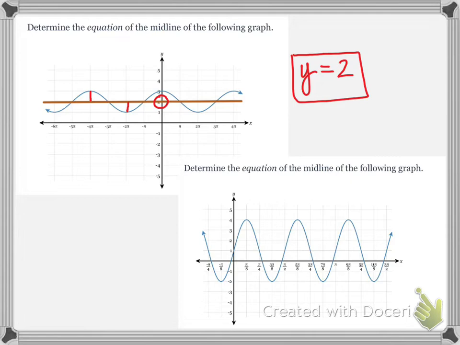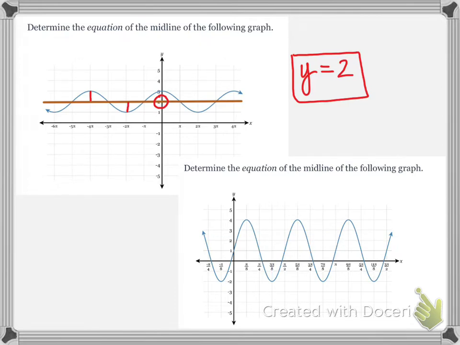Let's do it again. Let's draw a line. Let's draw it about right here. Let's see if that's correct. All right, so drawing a line from the midline to the maximum and from the midline to the minimum. Well, that didn't work, did it? No, because this one was 2 blocks. This is 3 blocks. So let's do that again.